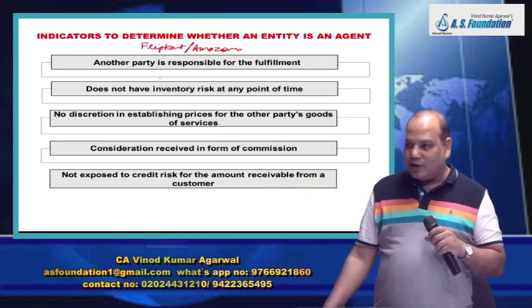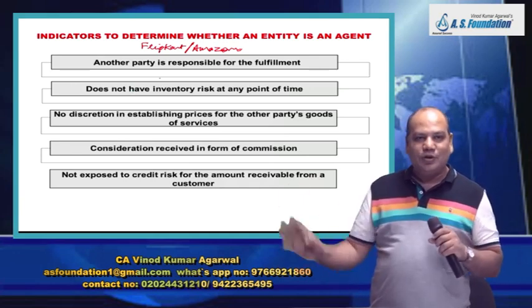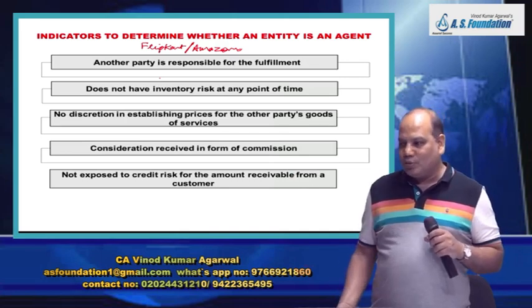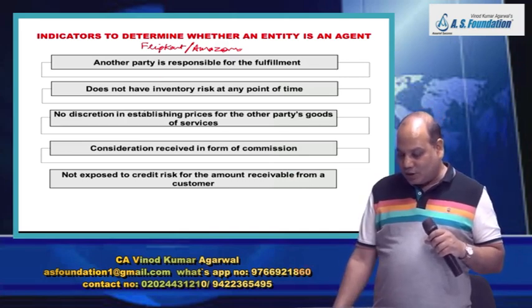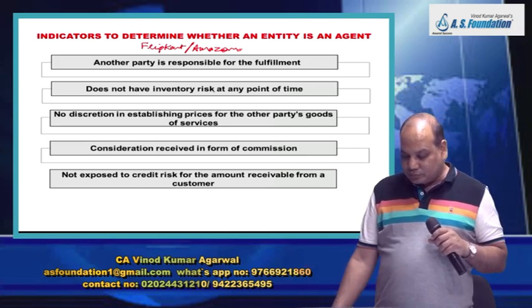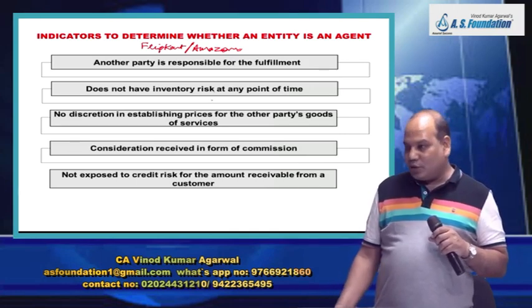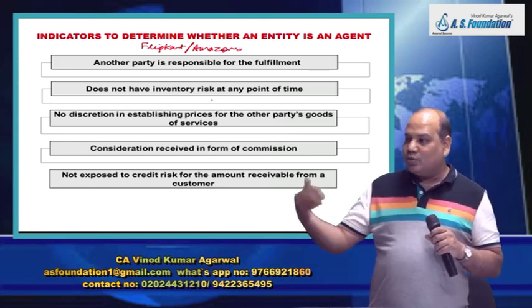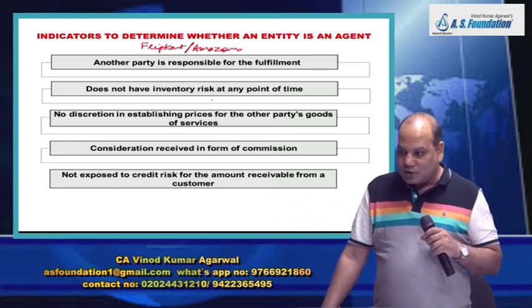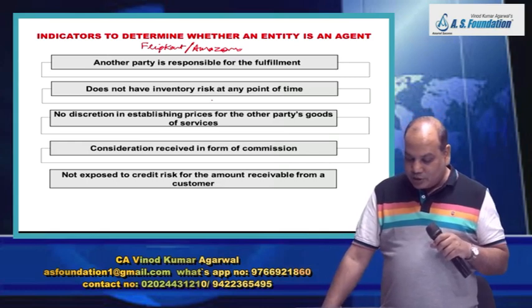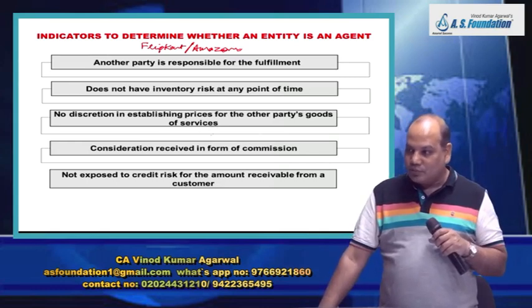But they do not give you hotel services. They don't have any inventory risk. If the hotel is unused for the whole year, they are not going to incur any risk. They don't have a credit risk also, because they take the money in advance. Or even if they don't take money in advance, it is the hotel who is going to recover money from the customer. So no credit risk. They don't have the discretion in establishing the prices also.